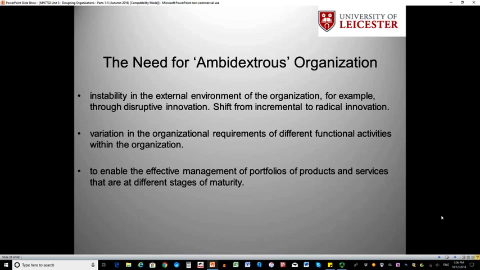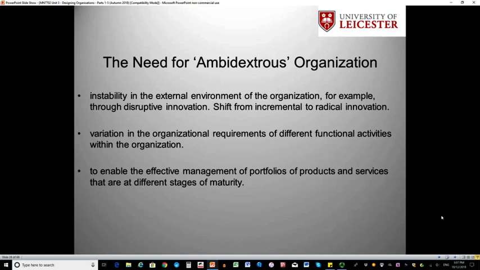If you operate in a changing environment, perhaps the environment has changed from being very stable to unstable because of disruptive innovation, you might suddenly shift from a process where you've been incrementally developing products and services to needing to be very radical in your innovation, and that would require you to be much more organic. So instability, perhaps through disruptive innovation in your environment, might require you to go from being fairly mechanistic to being more organic. So it might be that the environment forces you to be sequentially ambidextrous, to shift from one mode to another.